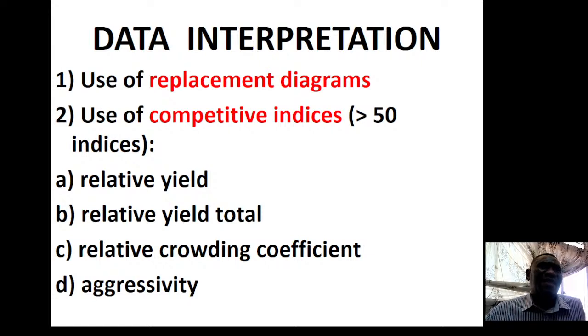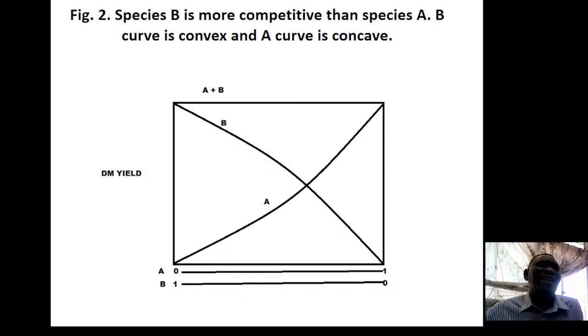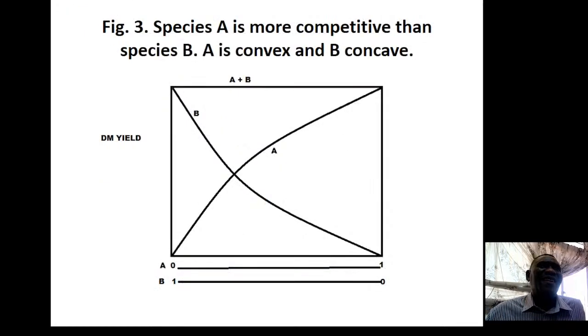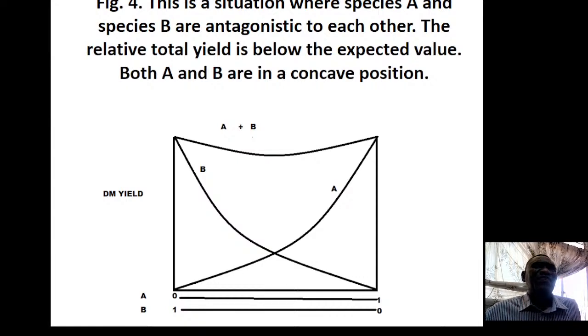Relative yield total, I've shown you how to calculate these. These are the outcomes from replacement series diagrams. If you get that one, it means no competition. Here, B is more competitive than A. A is now more competitive than B because of the curvatures of those lines. Here, there is antagonism. Everything is in a concave position.